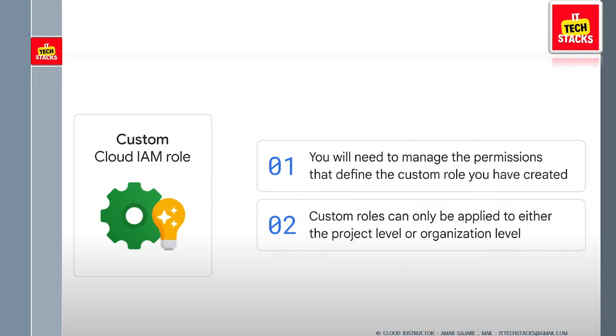These are not predefined, generic roles. These are roles which you define for your specific team members to access or consume resources. So these things you have to maintain or manage.